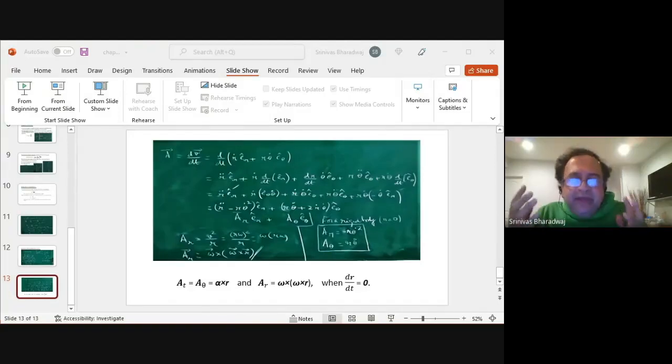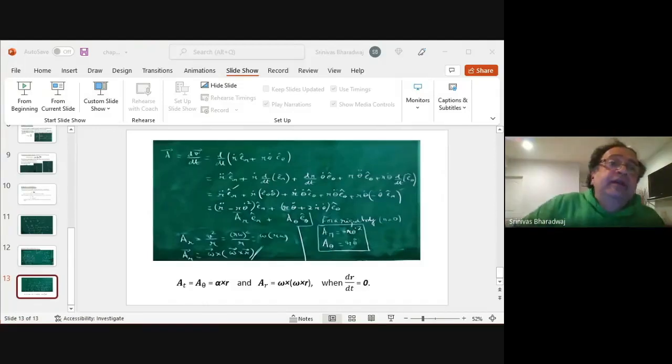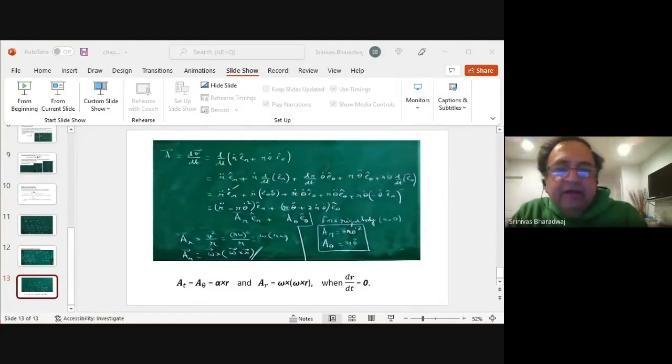But the main thing is you must understand this: here the AT and AR are always perpendicular to each other, and they are therefore componentizable. One, AT, comes as a result of torque. I already discussed torque last time and we looked at all these things. The other comes as a result of uniform circular motion, right?